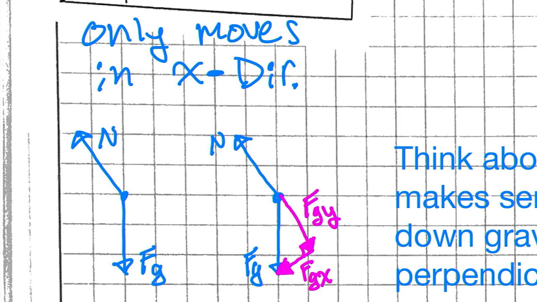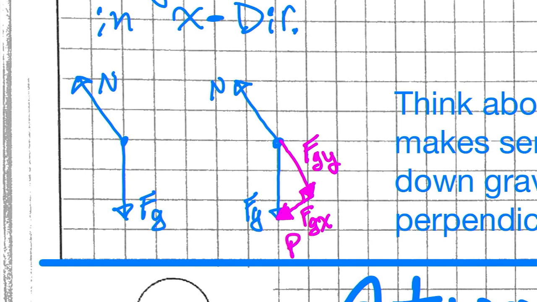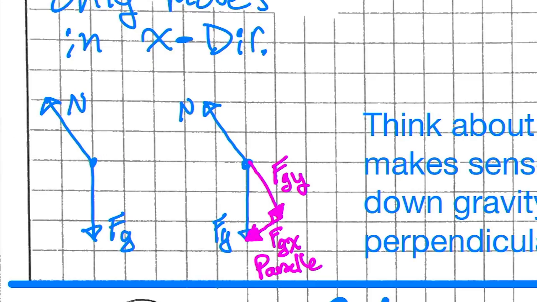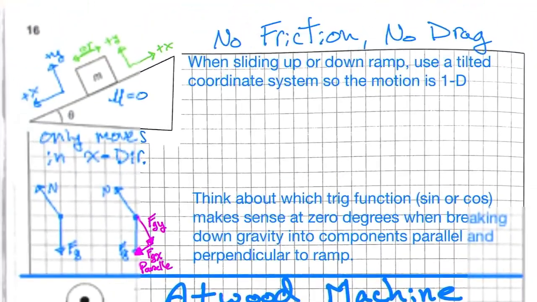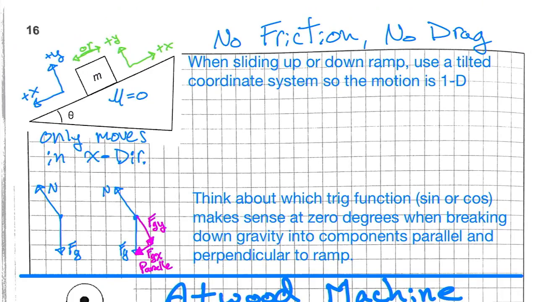One of them is perpendicular, one of them is parallel. So the x component is the one that's parallel to the ramp, and the y component pulls us into the ramp. Now we'll need to use trig functions for breaking this down into Fgx and Fgy.